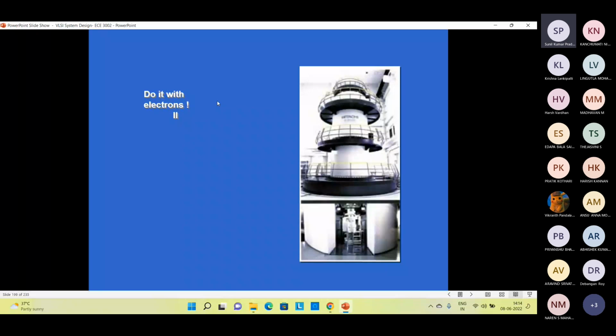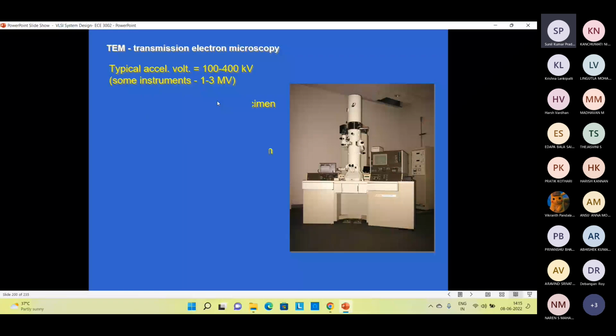So we need some extra energy, where the wavelength will be much smaller so that the resolution can be improved. The wavelength can be reduced if we use sufficient energy, and in that case electron energy is a great support, because as we increase the electron energy we can reduce the wavelength, and as we reduce the wavelength, we can improve the resolution.